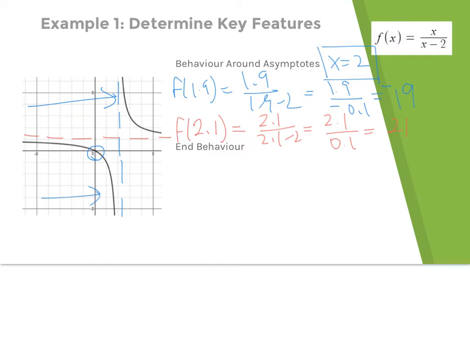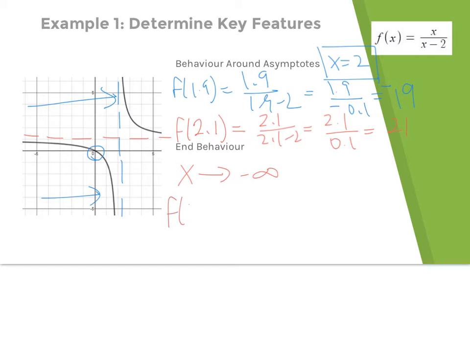The end behavior talks about what happens as x goes towards negative infinity and as x goes towards positive infinity. Looking at x going to negative infinity, we're going this way on the graph, and we can see from the graph that y gets closer and closer to 1. Using the equation, we could use a very large number, let's say negative 1,000.